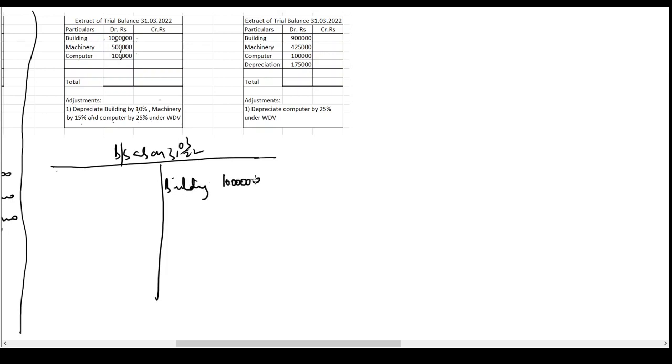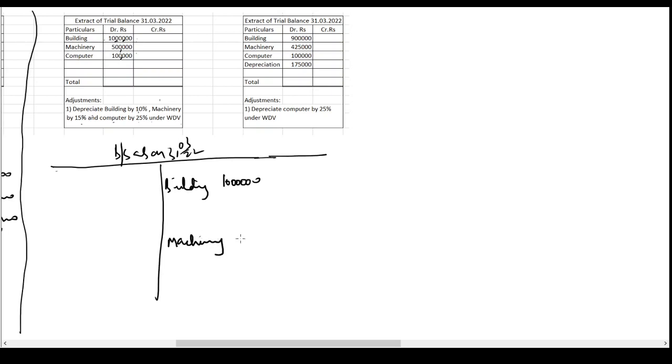So what I do is I'll prepare the balance sheet here. Balance sheet as on 31st March 22. Building, I'll show in the inner column 10 lakh rupees. I'll leave some space.